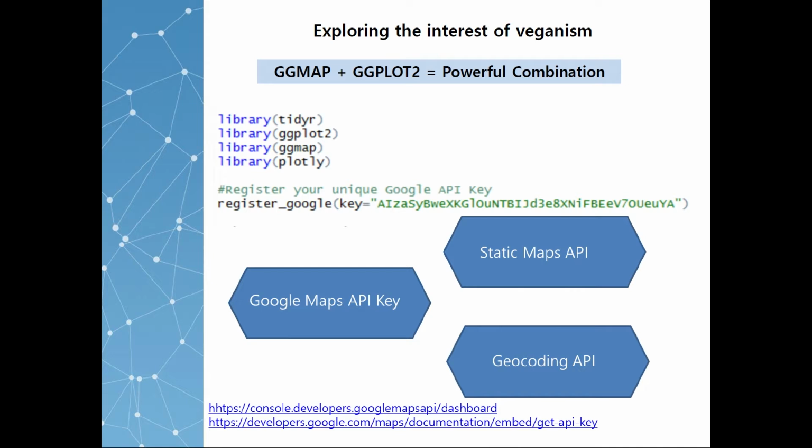The ggmap and ggplot libraries are a powerful combination where you can retrieve a static map and plot that map as a background on a ggplot graph. To be able to access the functionality of ggmap, we need to create a Google API key and enable the two APIs: the static map API and the geocoding API.